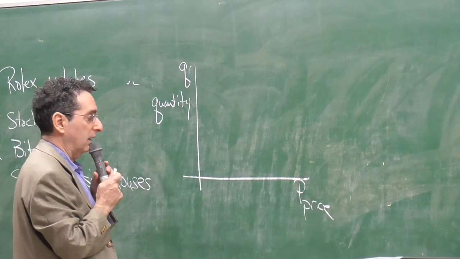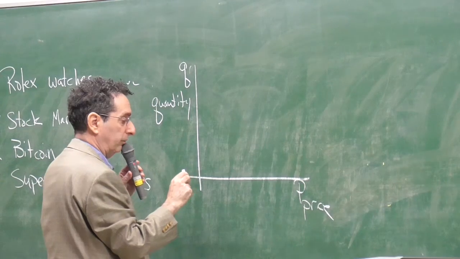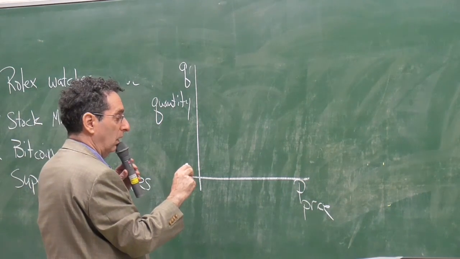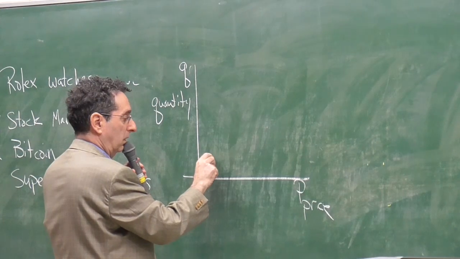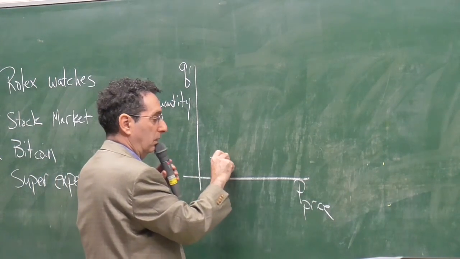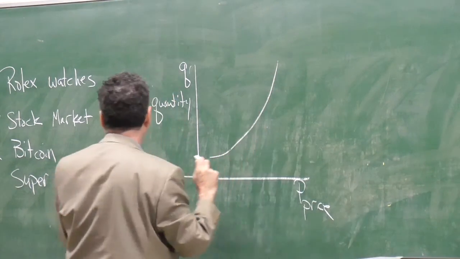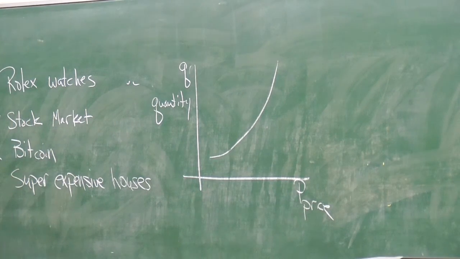So I'll just draw this curve. I'm going to draw a curve like that. We're going to be thinking about the buyers and the sellers.